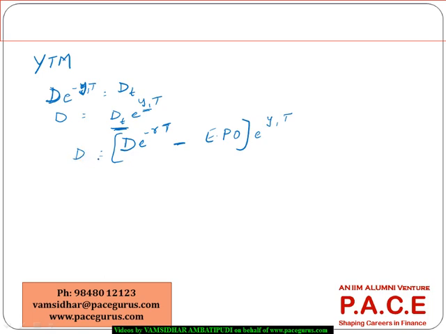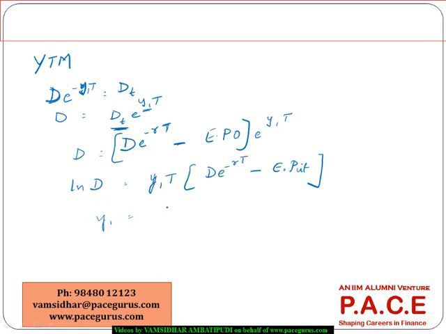So I will take the logarithm, log d, is equal to, when I am taking the logarithm of this entire thing, y1t times d e to the power minus rt minus the European put option value with a strike price equal to d. So from here I can find out my y1.